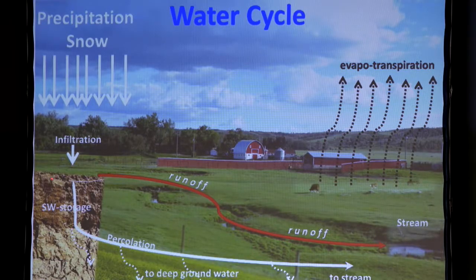So how do we know if all the soil processes are working properly? We just need to look at the water cycle. And I didn't take this from any book. This is just from Alberta. What I wanted to show you here is a soil that will allow us to see if this soil is working properly. How do we see that? Imagine precipitation, the rain, or the snow is melting.